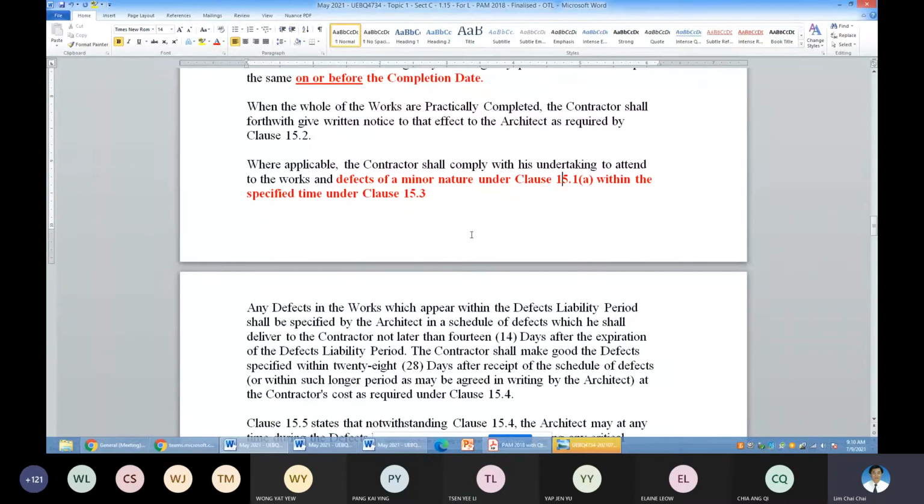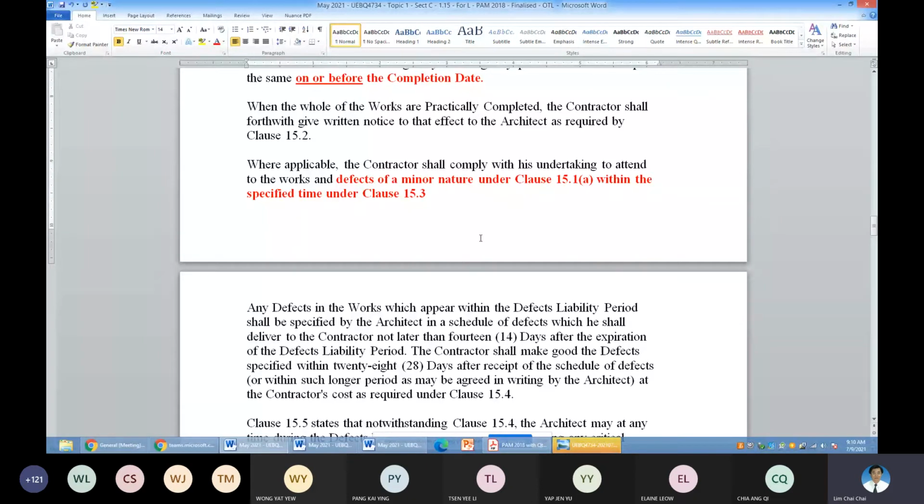Because at any time, defects occur in a project, whether it's residential, commercial, or infrastructure, the contract administrator, in this case the architect, will have the power to issue the recurring defect list to the contractor, and the contractor has to rectify within a certain time frame.